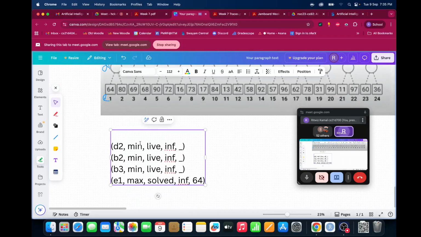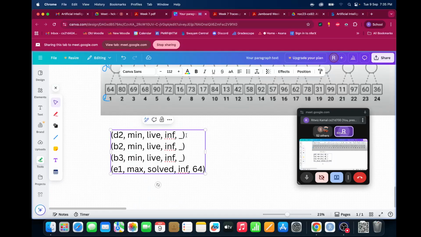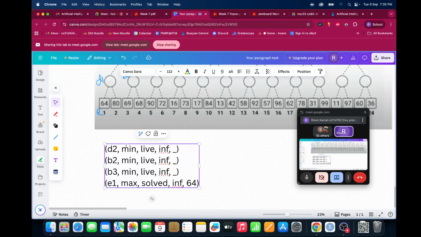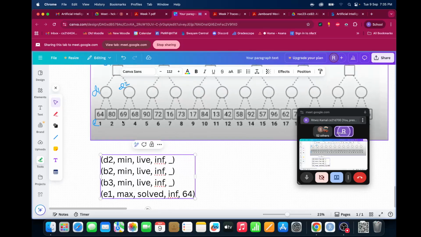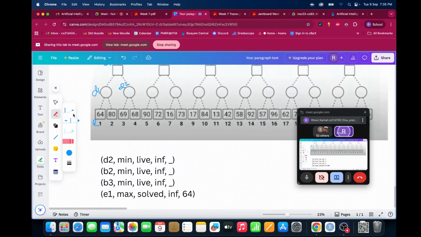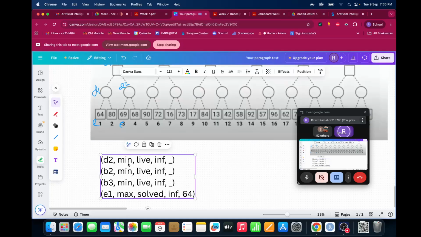Now the next node at the top is D2. What is the next child of D2? The leftmost child of D2 is E3. So D2 will get popped and E3 will be added.